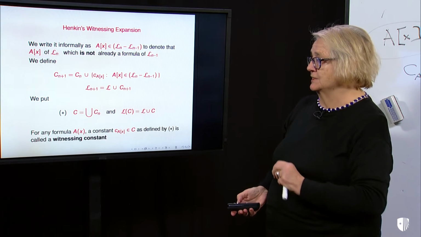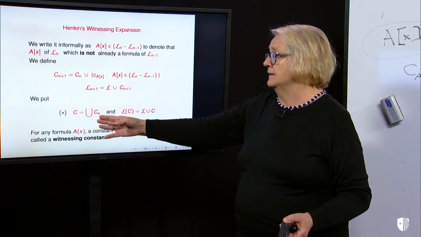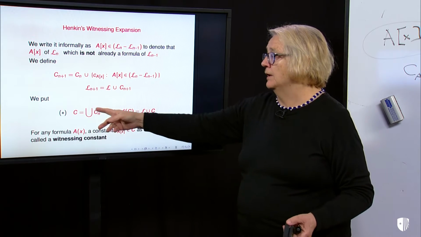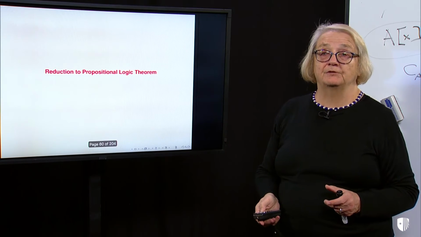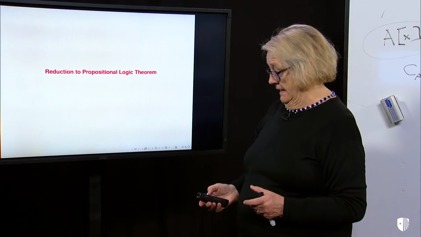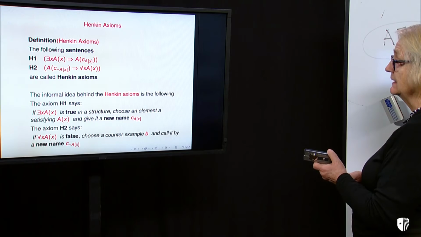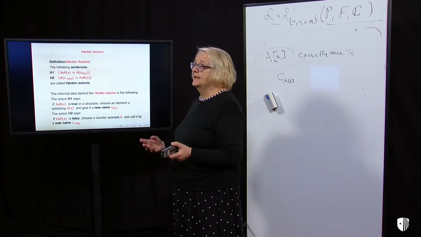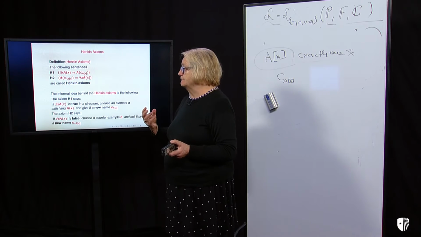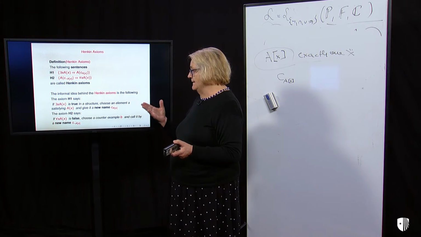Then you have as C the whole union of all these constants, by the witnessing expansion you defined. Now, what is this constant really? It is a name.